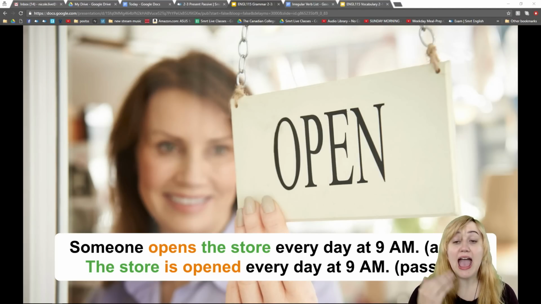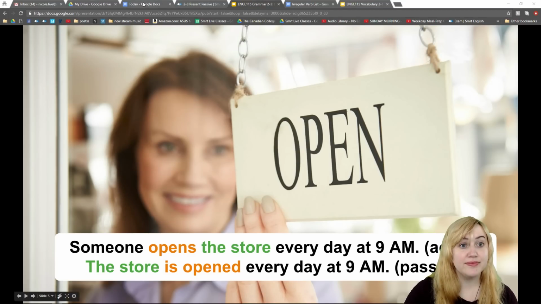So again, active and passive have the same meaning. They are just different styles to show the same information. Let's go to our notes for some examples together here. Okay.